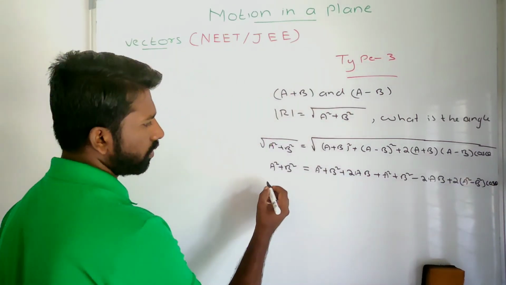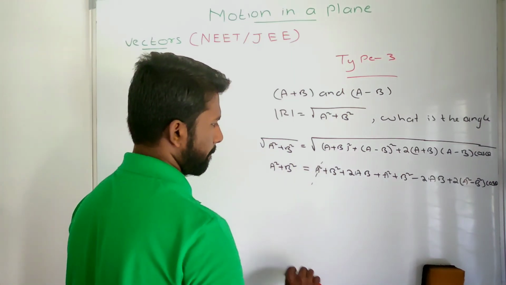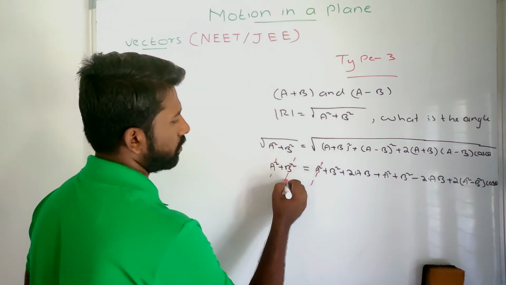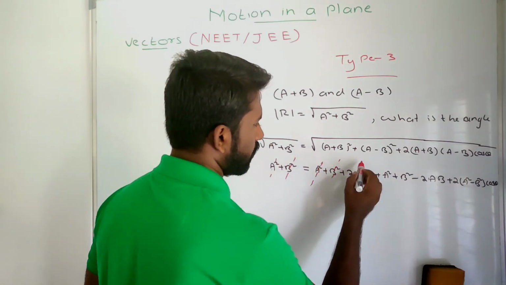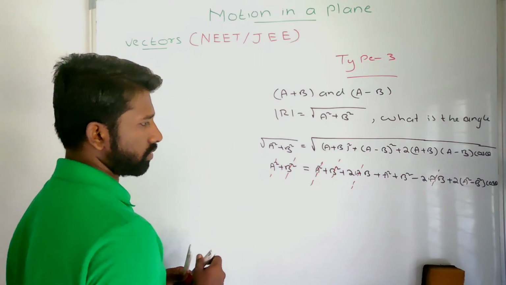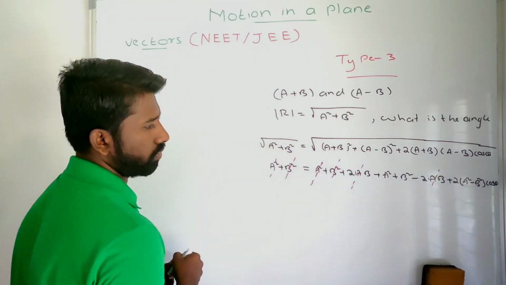Okay, clear? Then this A square and this A square you can cancel. This B square and this B square cancel. Remaining, this also we can cancel. This 2AB and this minus 2AB you can cancel. Remaining this A square you take it to this side and B square you take it to this side.